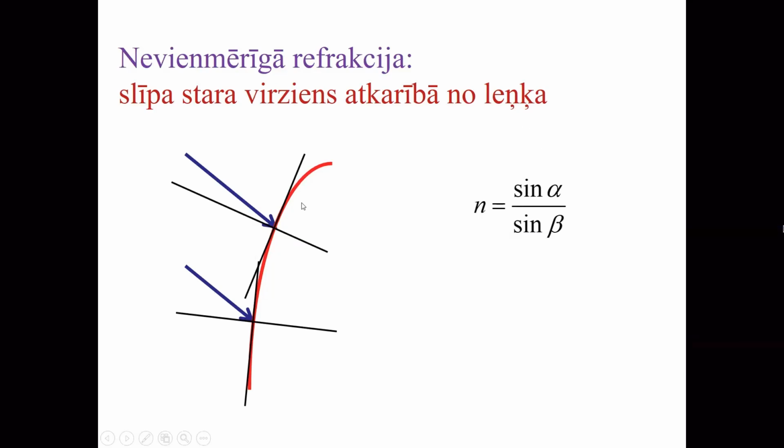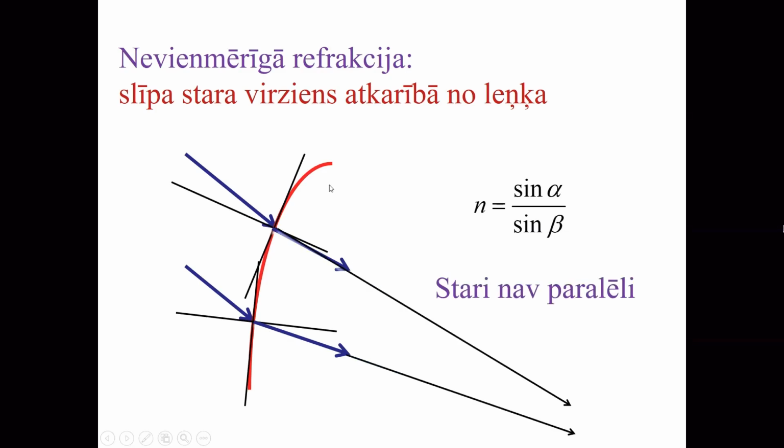The beams that are in parallel have the same refraction coefficient, definitely. However, because of the different perpendicular directions, the directions of the refracted beams are not in parallel. So the refracted beams are not in parallel.